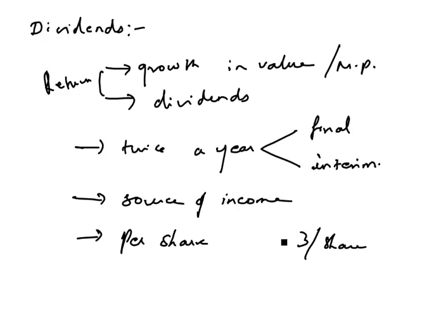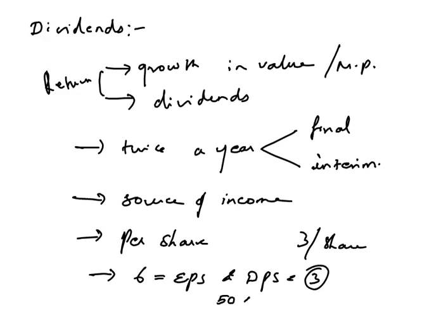So a company that has earnings per share in the year of, let's say, 6 rupees EPS, and dividend per share, let's say, is 3 rupees. This says that the company is spending 50 percent for reinvestment and 50 percent for distribution as dividends, because out of the 6 only this 3 is being paid.